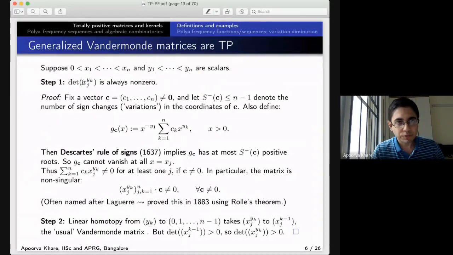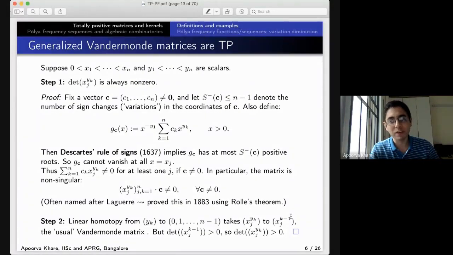So what we have shown so far is that the determinant here is always non-zero. Now, how do you prove it's actually positive? Well, the idea is just to take a linear homotopy from the powers yk, these general increasing tuple of powers, to the usual tuple 0, 1 through n minus 1. This linear homotopy, a line segment, a parameterized line traveling at unit speed or whatever, takes this matrix to the usual Vandermonde matrix.